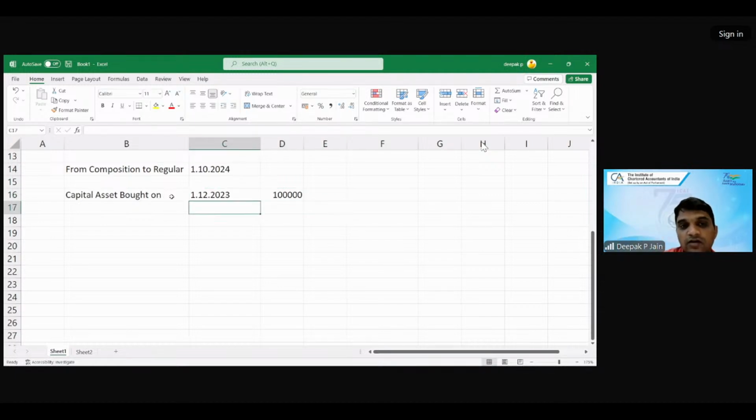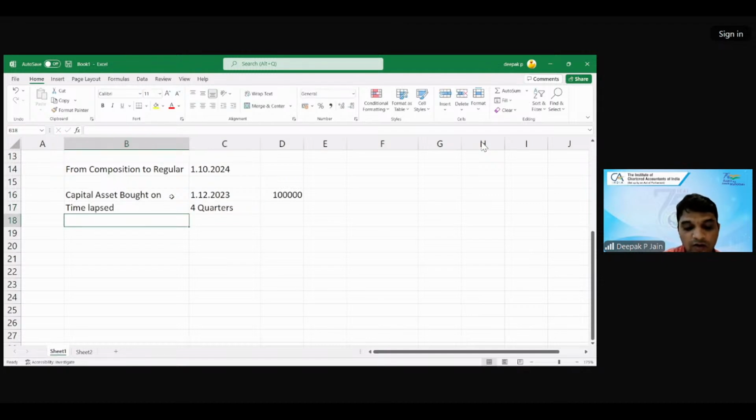How many quarters have gone? December, it was purchased. December, January, February is 1 quarter. March, April, May, June, July, August, September, October, November. September, October, November also has to be considered because part of the quarter also has to be considered. So time lapsed is 4 quarters.